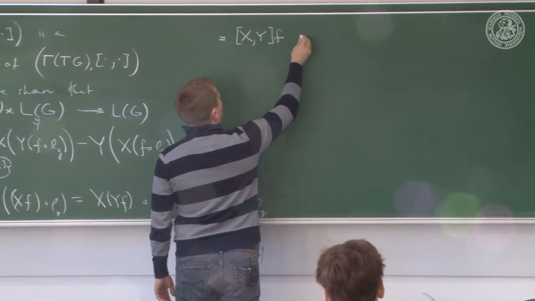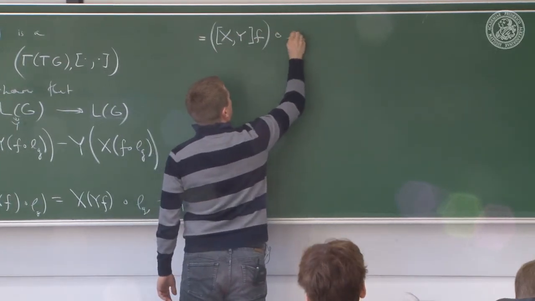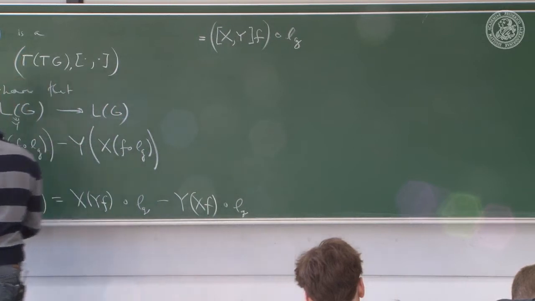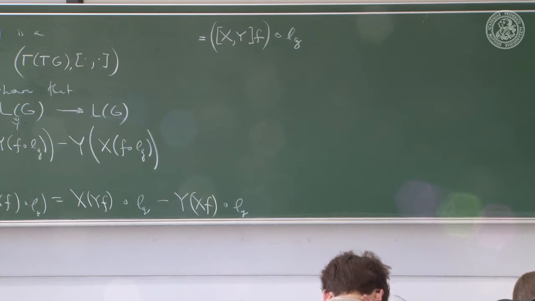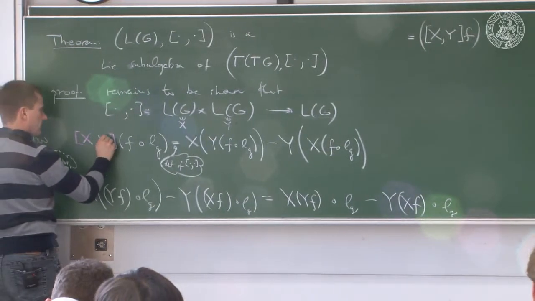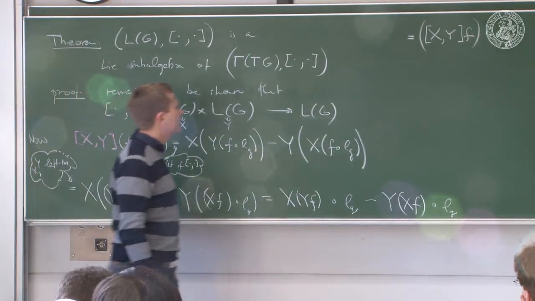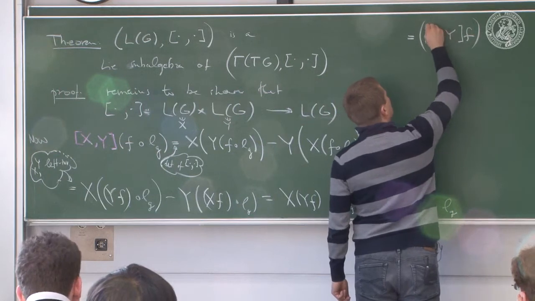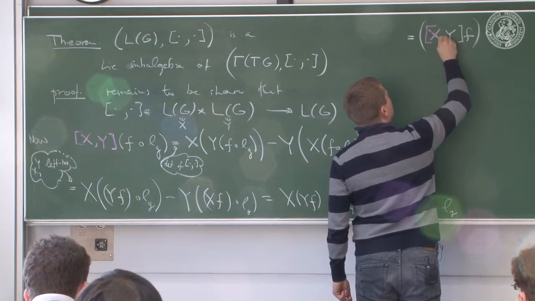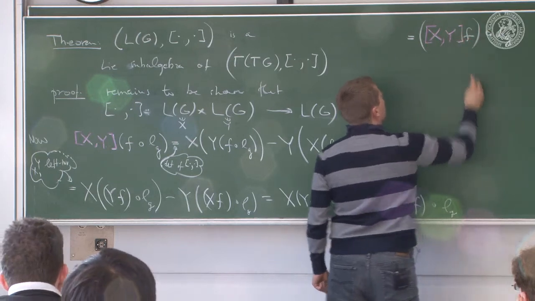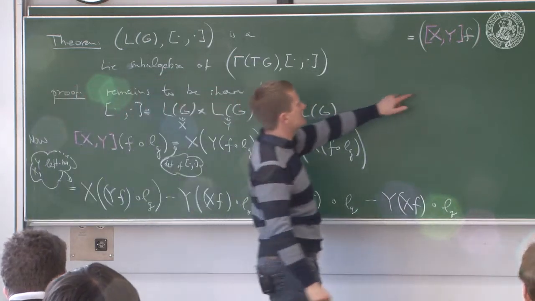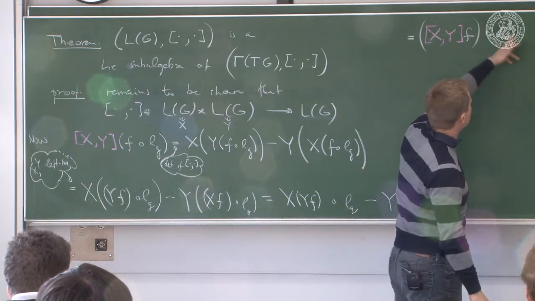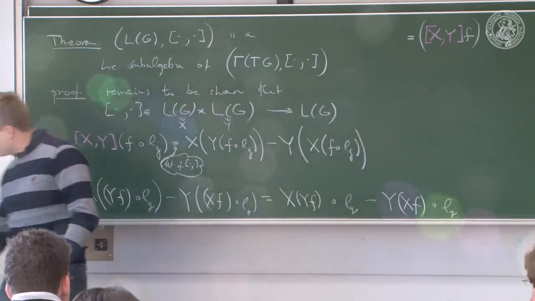But that's simple because this is nothing but the commutator of x and y acting on f, and then you have Lg. But this is precisely one of the conditions, namely the third alternative reformulation of what characterizes a left invariant vector field, namely that you can let it act on f after a left translation, and that's the same as letting it act on f and only then composing with the left translation.